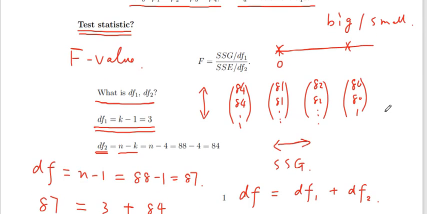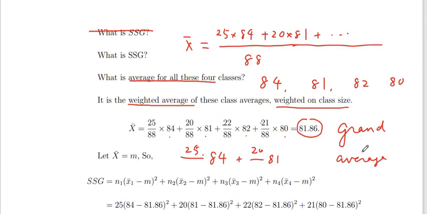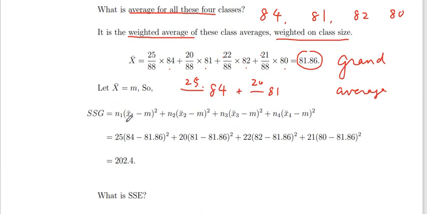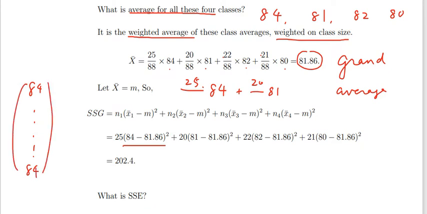Okay, so we know SSG equals those numbers minus this average, squared. So we can find SSG equals 84 minus this, squared. We have 25 of those numbers in class 1, because 84, 84, 84, we have 25, right?